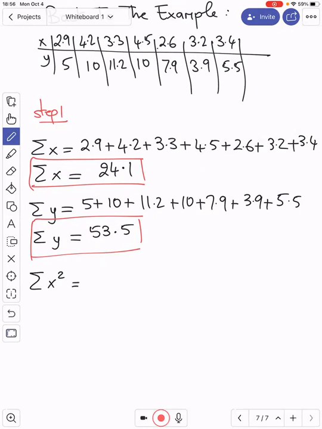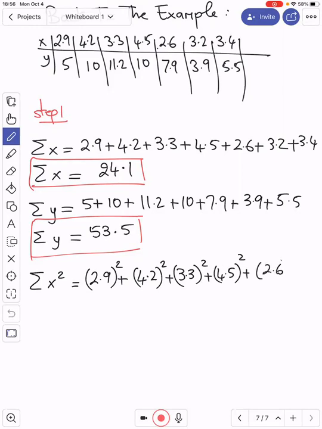So it's like 2.9 squared, that's 2.9 times 2.9, plus the next value, 4.2 squared, 4.2 times 4.2, etc. Then 3.3 squared, 4.5 squared, plus 2.6 squared, plus 3.2 squared, and then 3.4 squared.